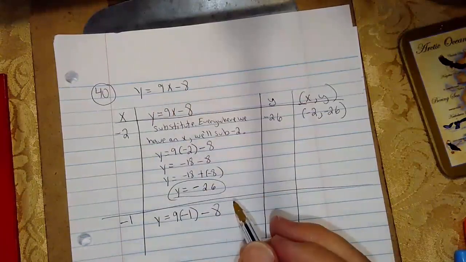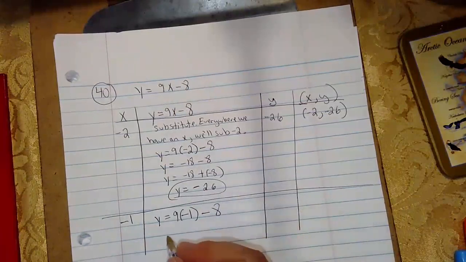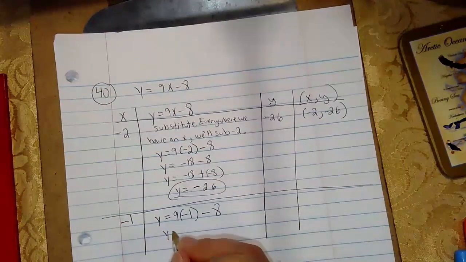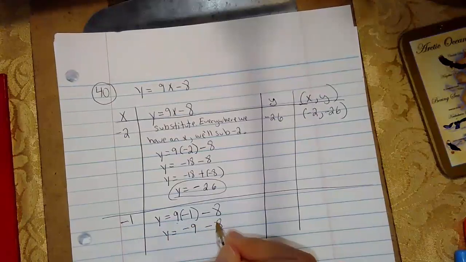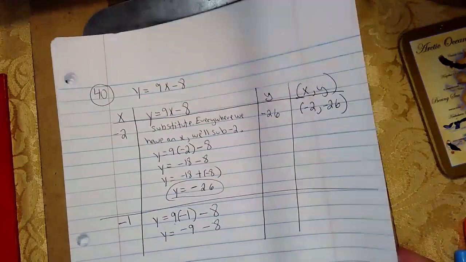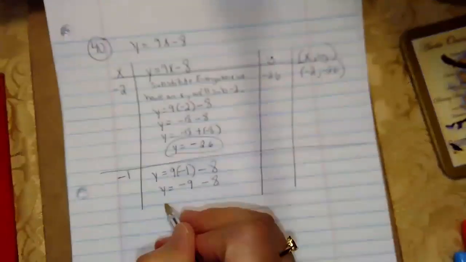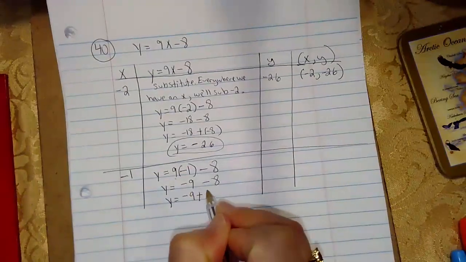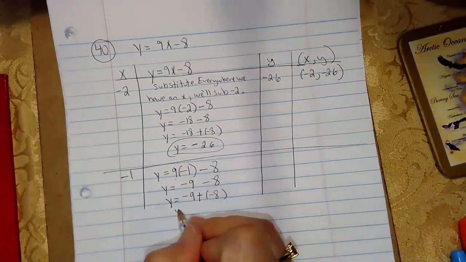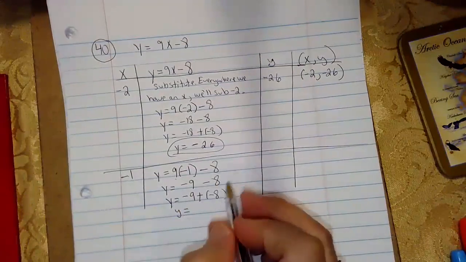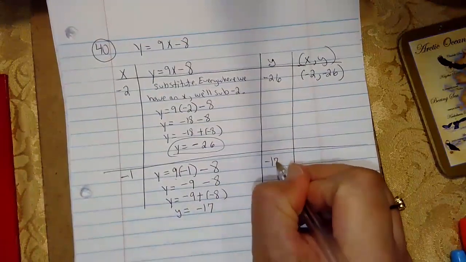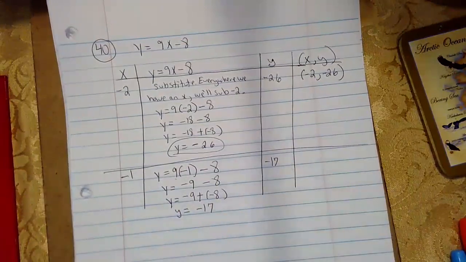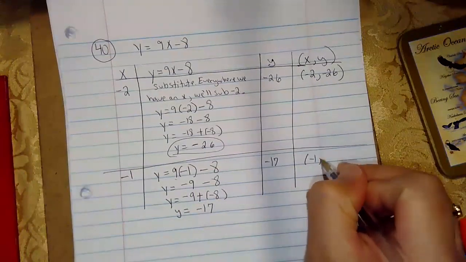So y is equal to a positive times a negative is a negative, minus 8. So y is equal to -9 plus -8. And so y is equal to negative 17 here. So when x is -1, y is negative 17.